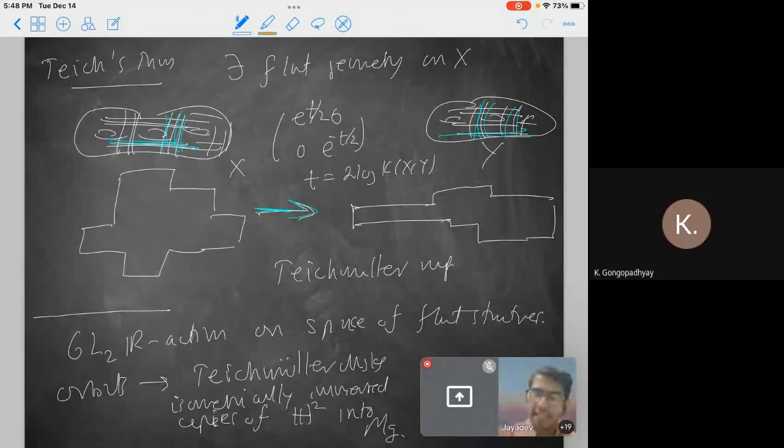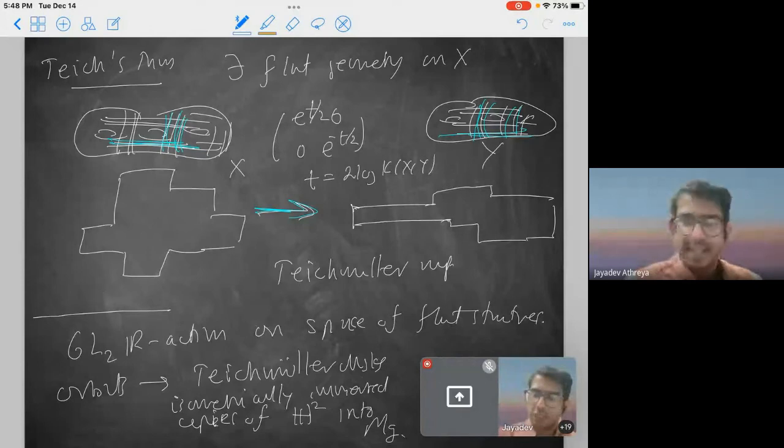Yeah. And so let me just conclude by saying that orbits of this action give you really interesting submanifolds of the moduli space of surfaces, and that's why we care about this, and that's why we want to study this.